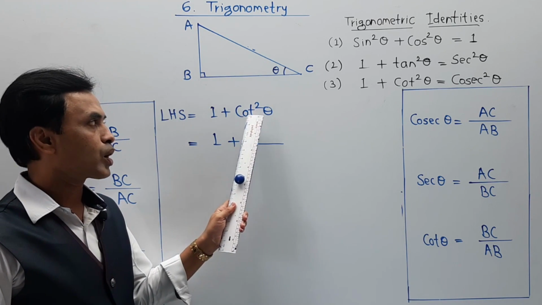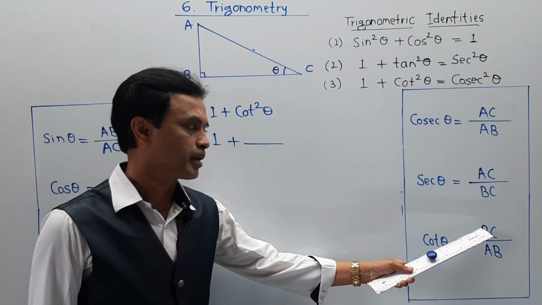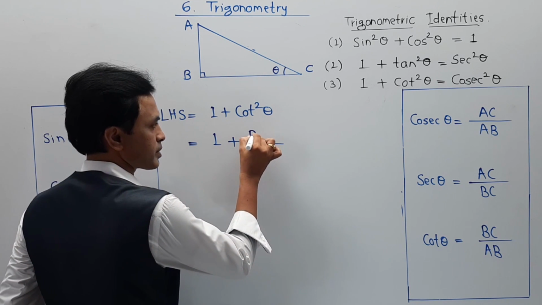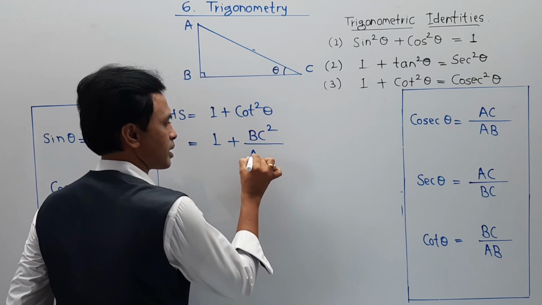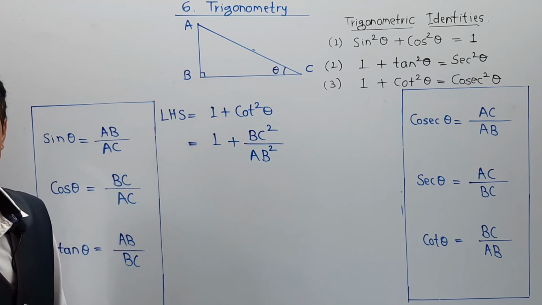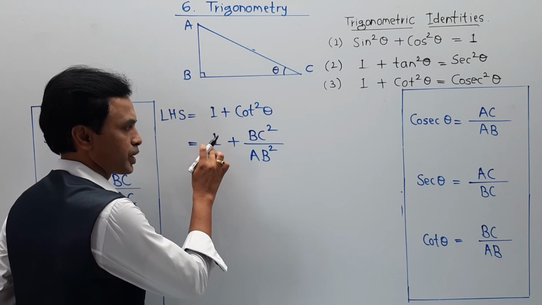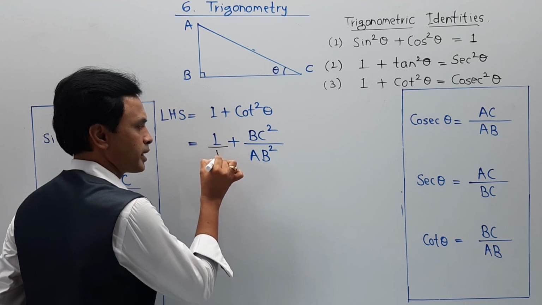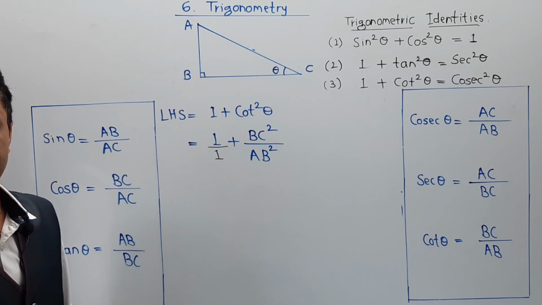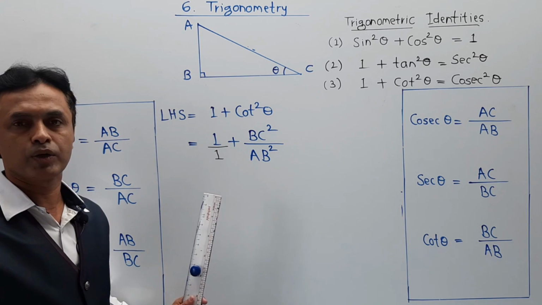So cot square theta simply becomes BC square upon AB square. So I am writing BC square upon AB square, and in this way your first step is completed. Also this 1 has no division, so I am writing it divided by 1, because if any number is given and there is no division, it means it is divided by 1 only.